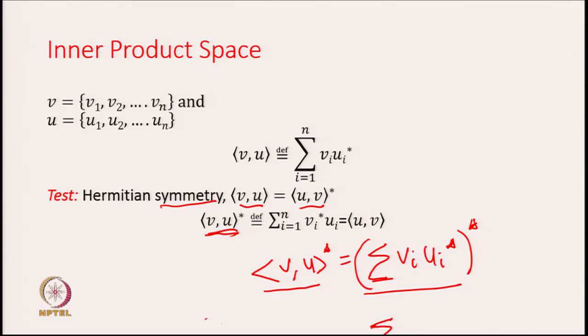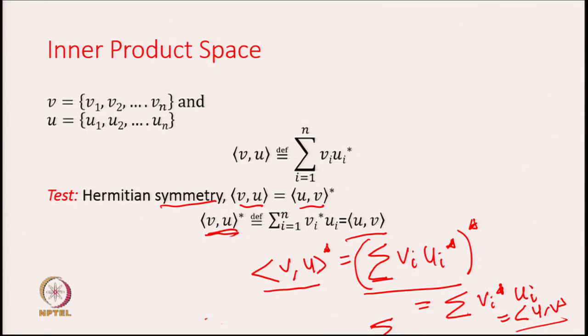and the conjugate of a summation is nothing but the summation of the conjugates. So, this is similar to v_i conjugate and u_i, and this is nothing but, by definition, the inner product of u with v. So, this is what we are saying: the inner product of vector v with u, conjugated, should be the same as the inner product of u with v to satisfy Hermitian symmetry, and this is what we have got.